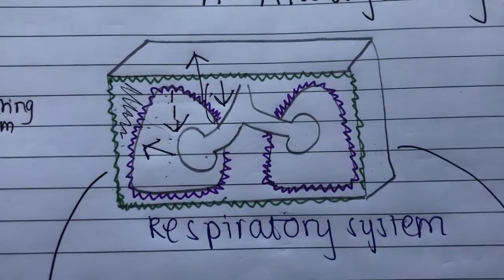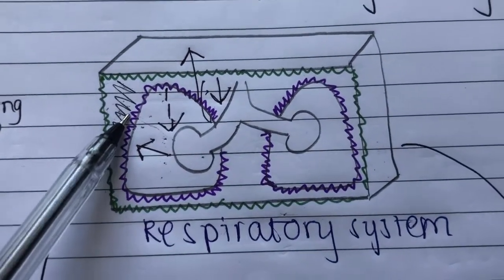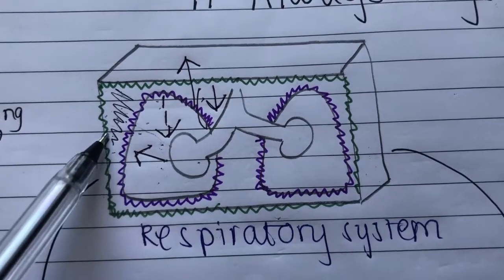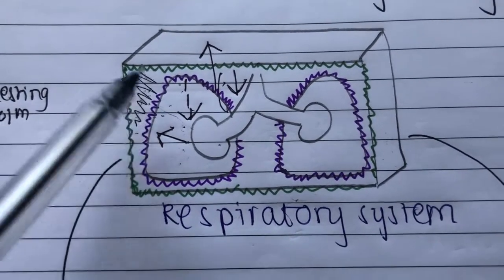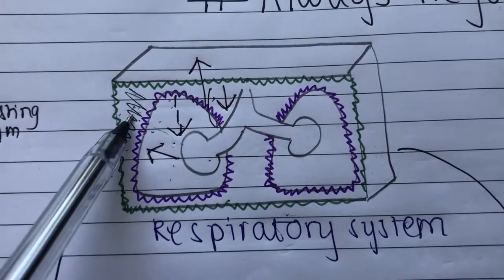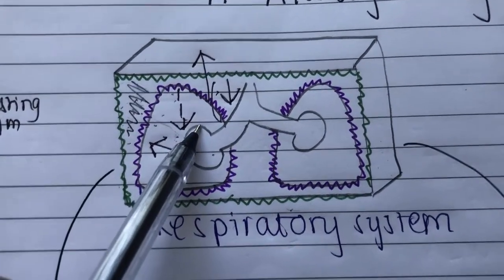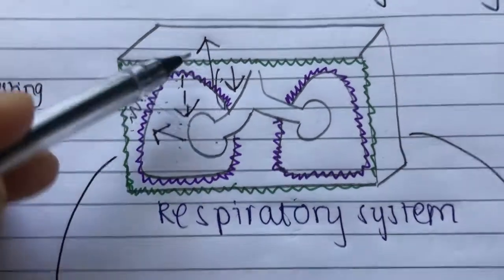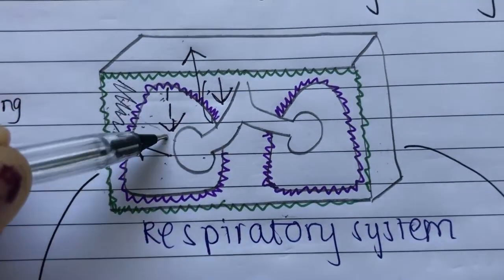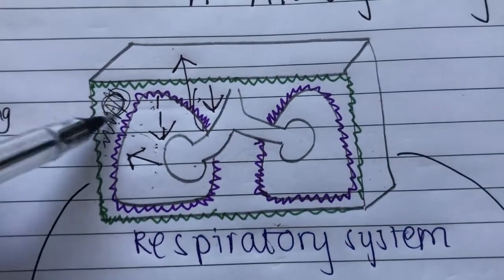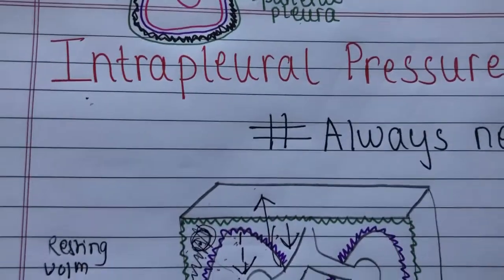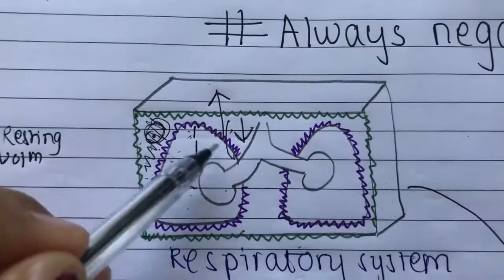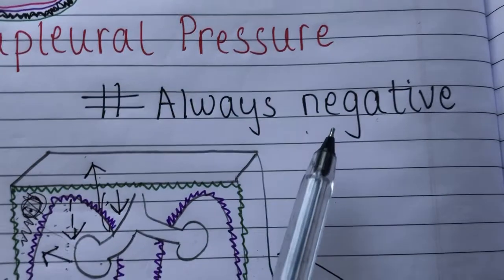So when these both are put together, obviously lungs are stretched a little and the chest wall cavity is contracted a little, but because of that they will constantly have a tendency to return to their normal shape. So because of the two opposing forces acting, a pressure develops in the pleural cavity, and that pressure is called the intrapleural pressure. Because the forces are acting in opposite directions, it is always negative.